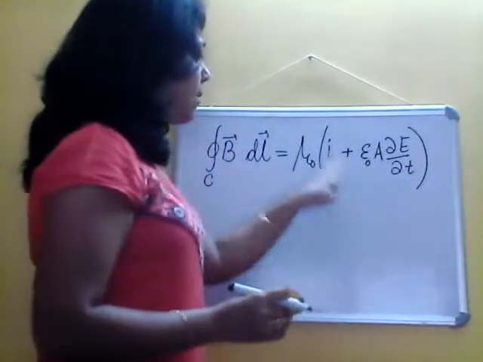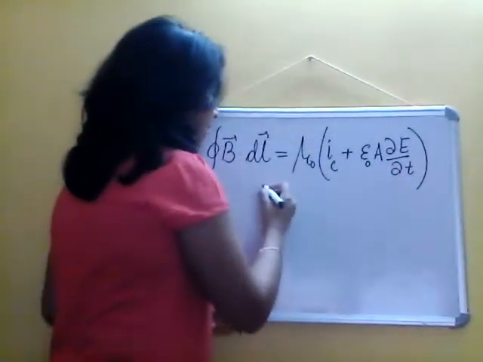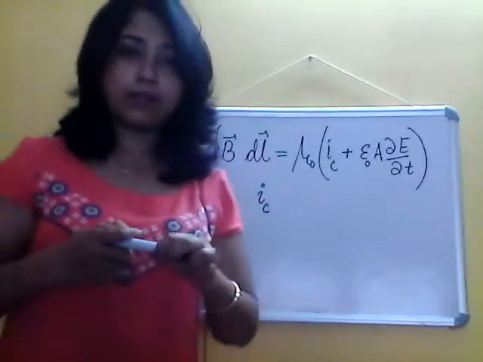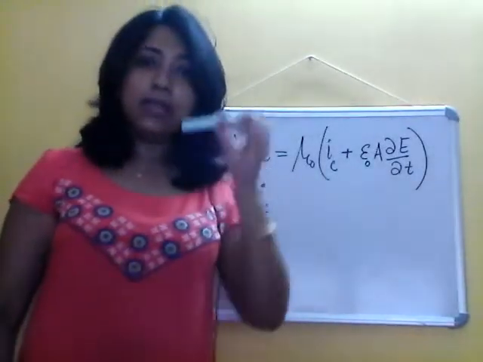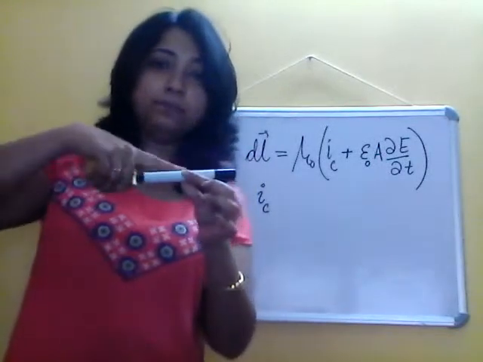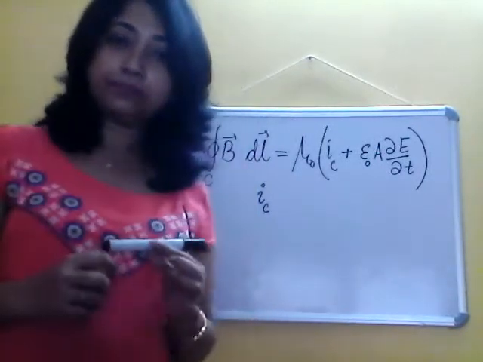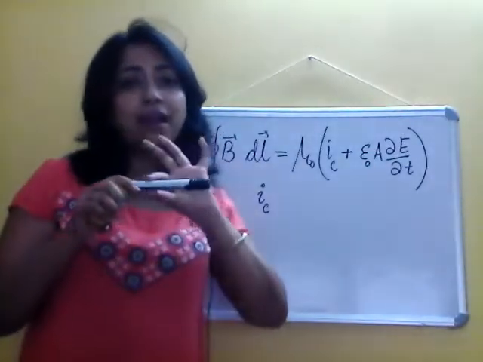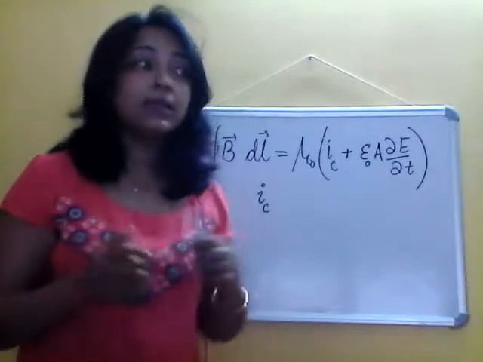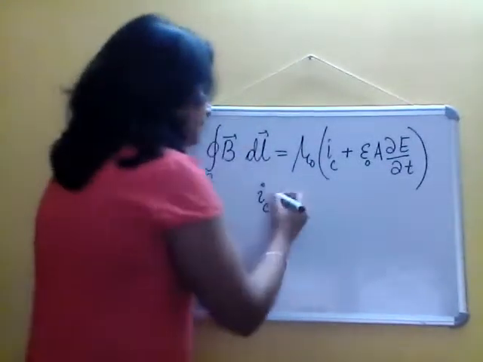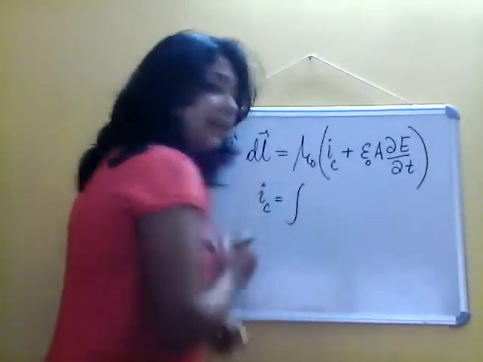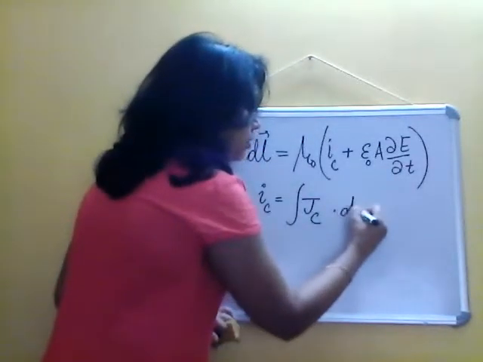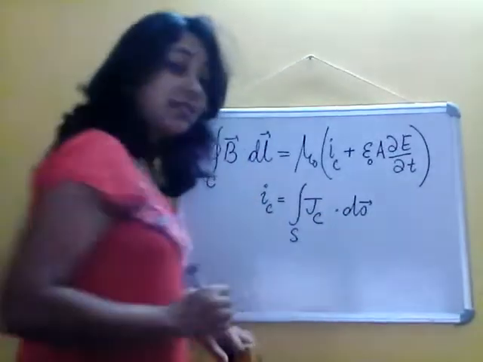Now let us come to this particular term of IC, or the conduction current. Suppose this is my so-called conductor. This conductor is now letting the charges flow through it. So in this scenario, can I not consider that this current can be written as JC dot ds over a surface S?